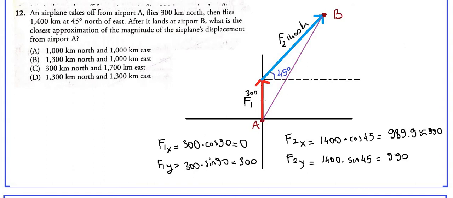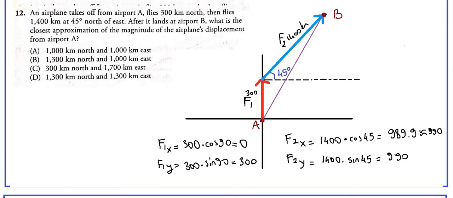So we have no force on the x-axis. And the y component of this vector is sine theta times the vector. Sine theta is 1, 1 times 300 is 300. For the second vector, the angle between the second vector and the x component is 45 degree. So we multiply by cosine 45 to obtain this number.